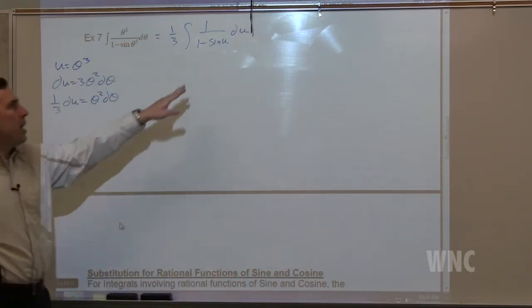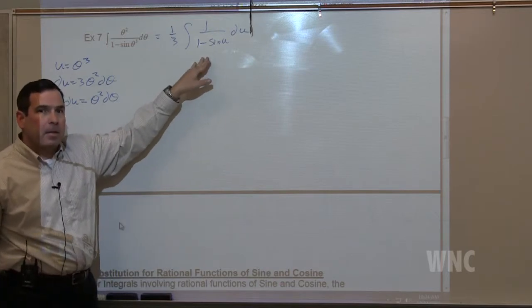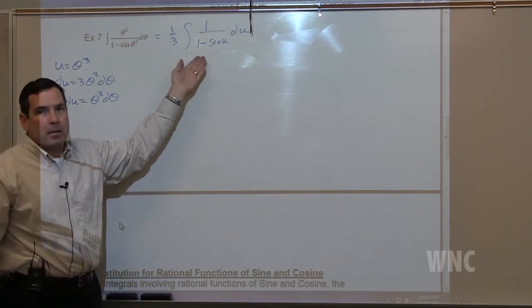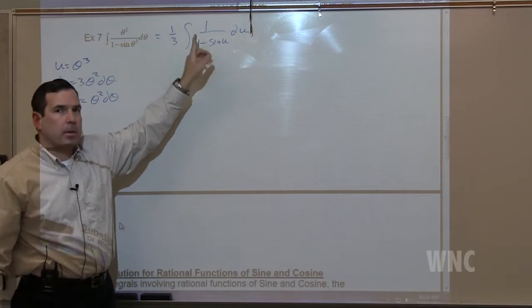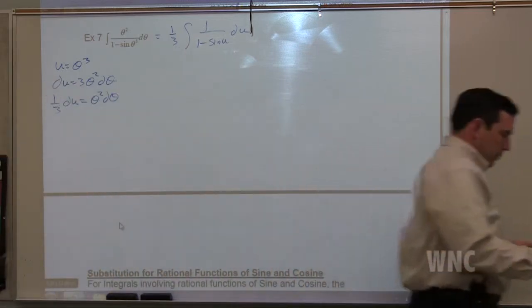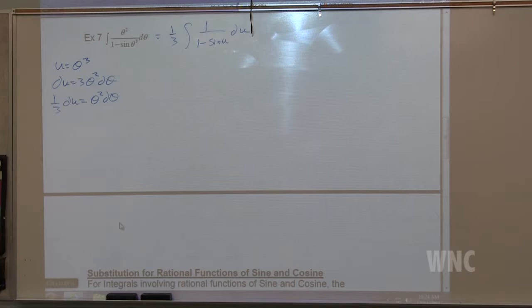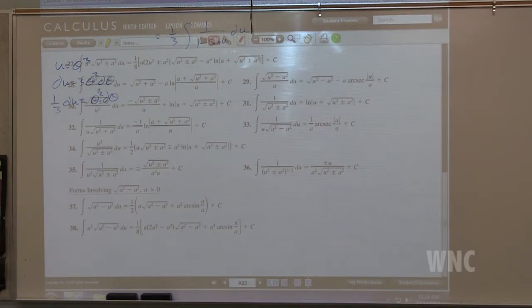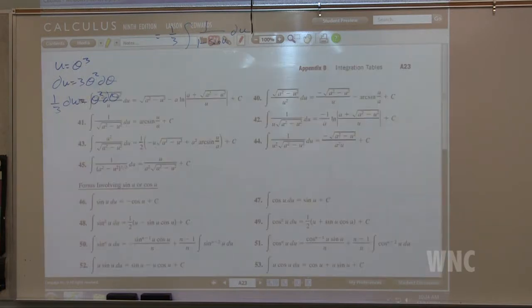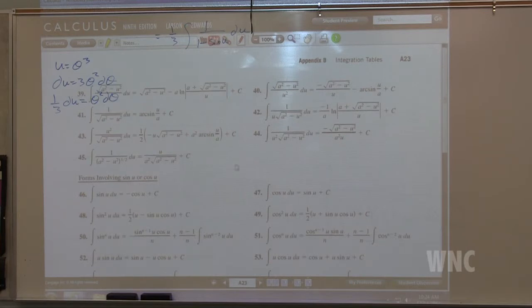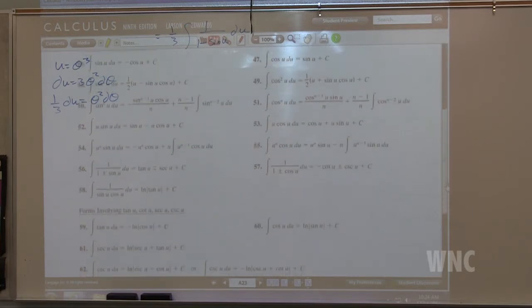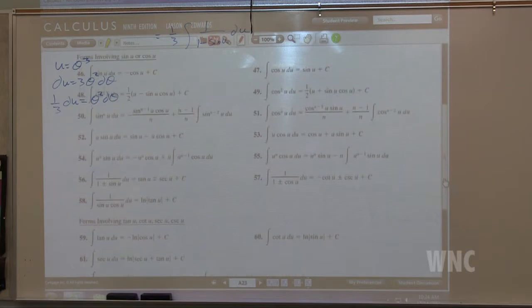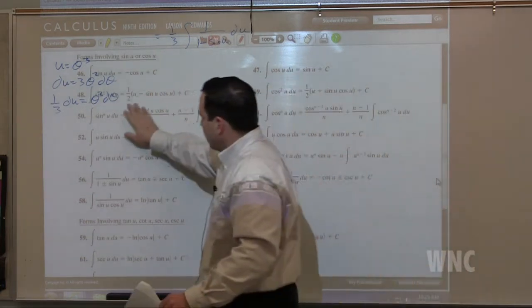So we're going to look for something that has a difference of 1 minus sine type thing in the denominator. It'd probably be like an a minus sine or a minus sine b or something like that. We'll see. Okay, here's forms involving sine u and cosine u.